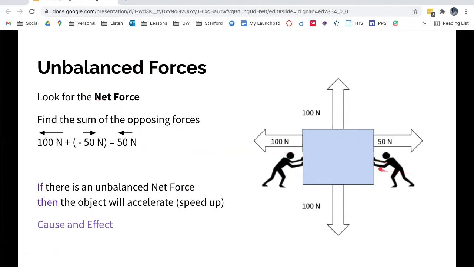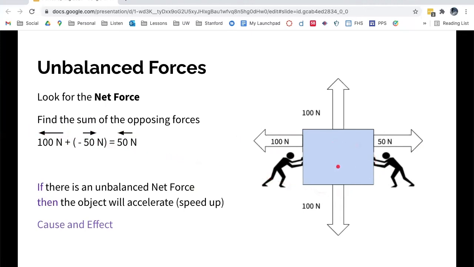One person is pushing at 100 newtons of force going that direction, and the other person is pushing with only 50 newtons of force going in that direction. So 100 plus negative 50, opposite directions mean they're opposite signs. If you added 100 and negative 50, that would equal 50 newtons of force going this direction.